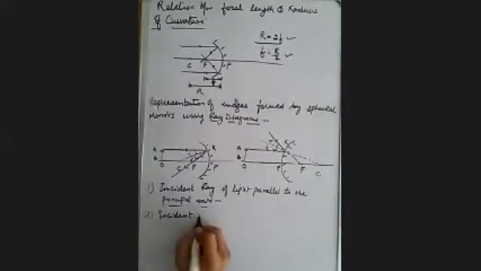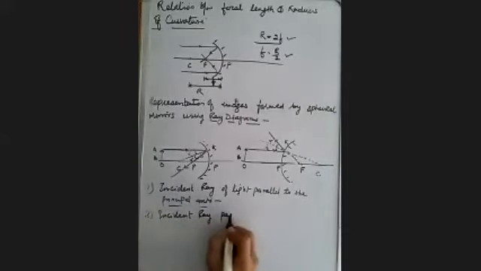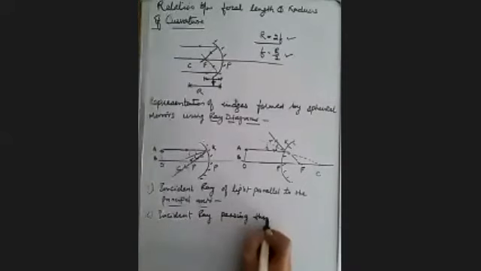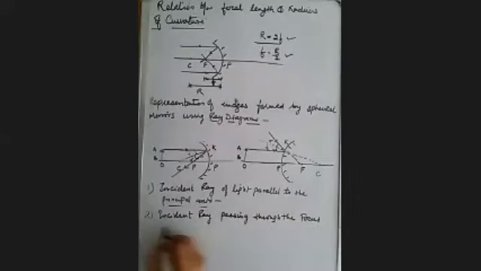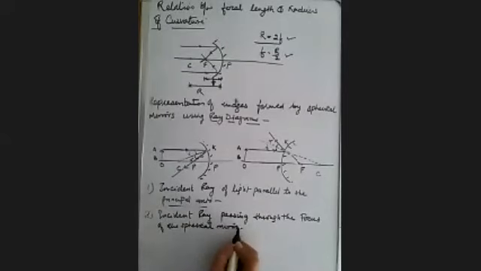Okay, the second ray is incident and passing through the principal focus. So I'll consider once again a concave surface.